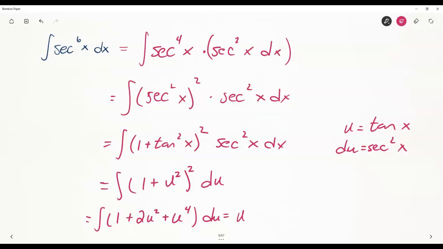Polynomials are usually written from the largest power down, but it doesn't matter the order. But with the order I have it written, it's u plus 2/3 u cubed plus 1/5 u to the 5th plus c.